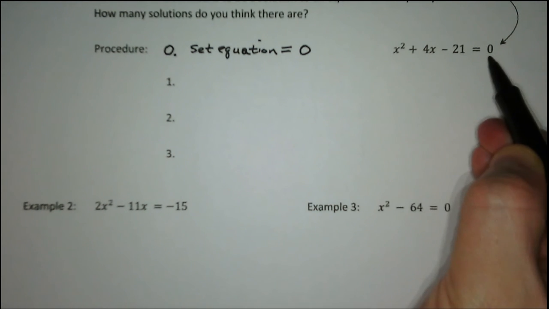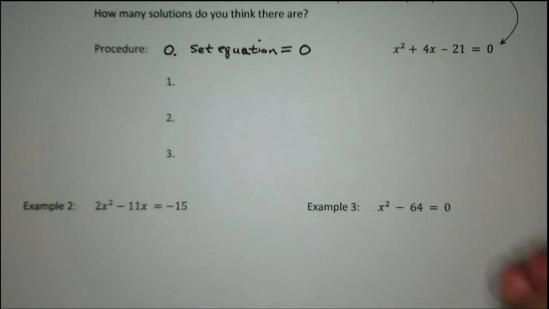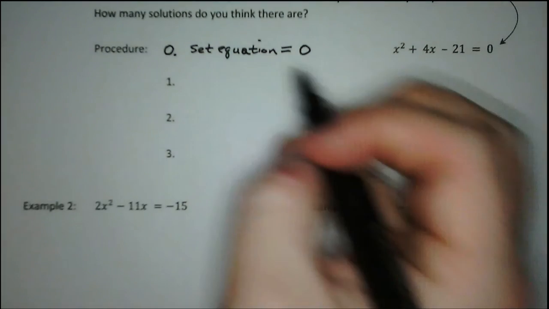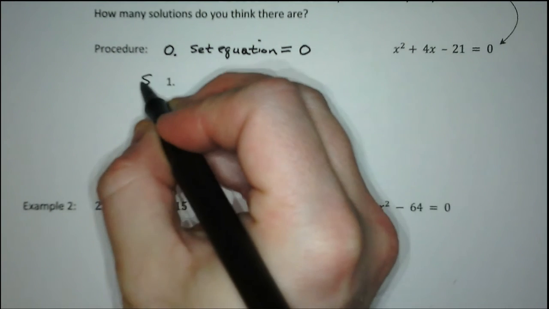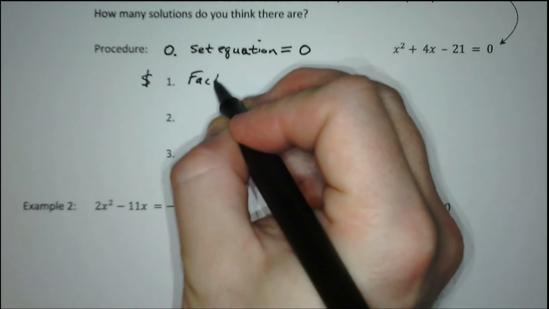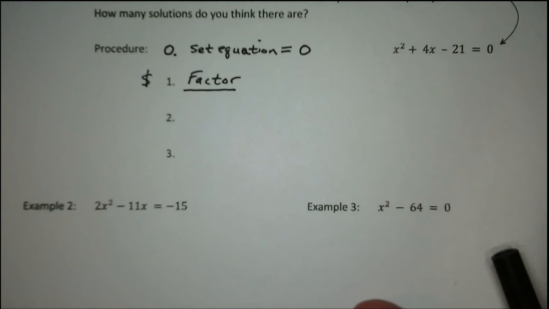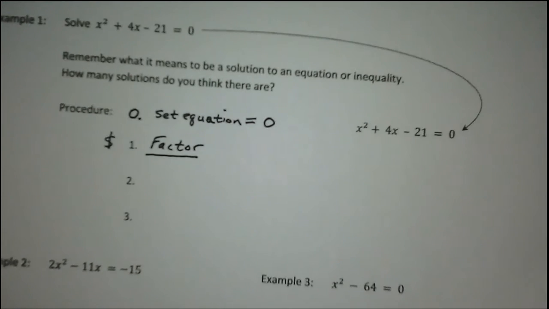You need the right side of the equation to just be 0. Then the next step is the money step. You are going to factor.